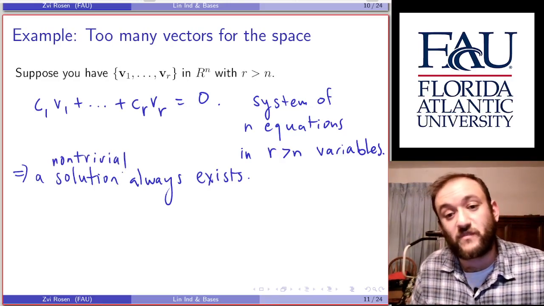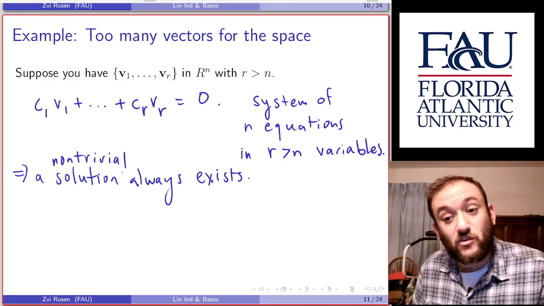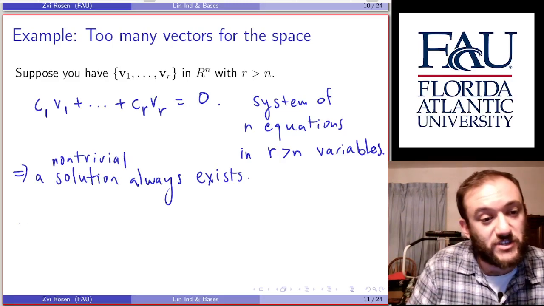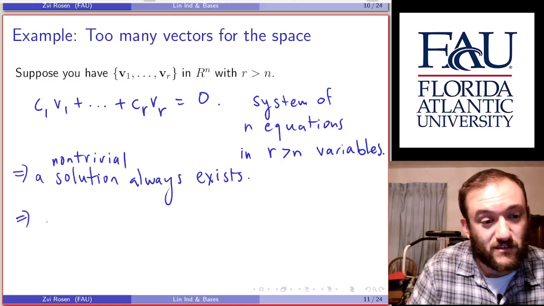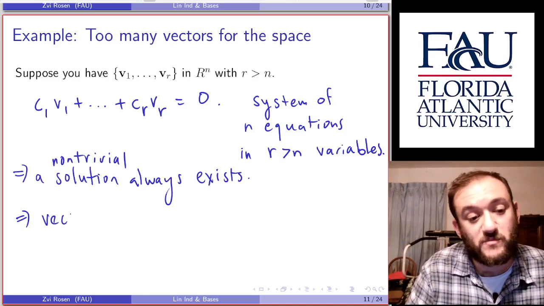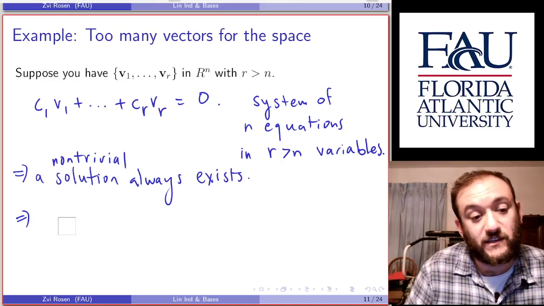So I should be able to find real numbers, not all 0, c1 through cr, that satisfy this equation. That means that a set of vectors of this size will always be linearly dependent.